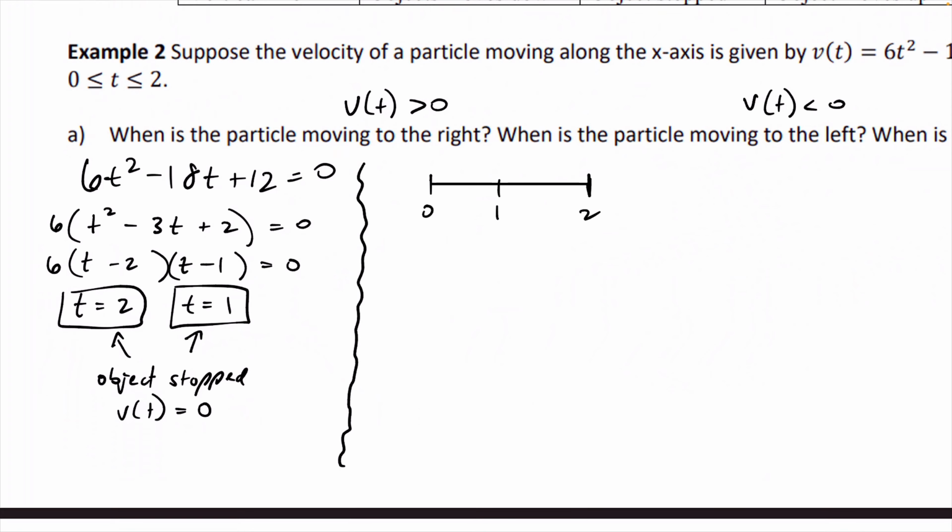Okay, so pick a value between 0 and 1, 0.5, 0.2, 0.3, whatever you want to do. And then pick a value in between 1 and 2. 1.5, 1.1, whatever you want. And you can use your calculators.